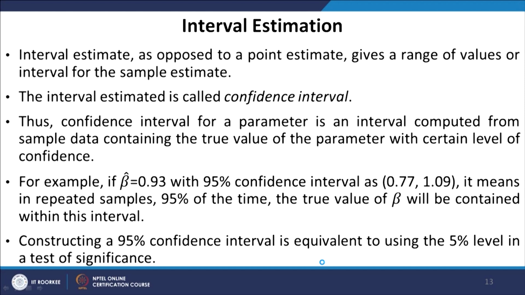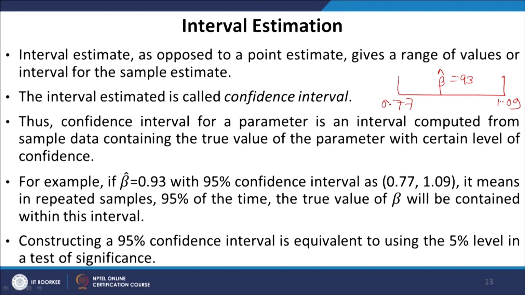For example, if beta hat is equal to 0.93 with 95% confidence interval as 0.77 to 1.09, which implies that my beta hat, which is 0.93, actually has a confidence interval which runs from 0.77 to 1.09, right.